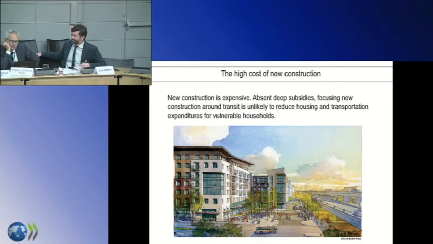It's expensive to build. So even the kind of units that are affordable to a moderate income household, 80% of area median income, require a lot of subsidy because it costs a lot to build new housing, and it costs a lot to build new housing in these attractive areas next to transit.